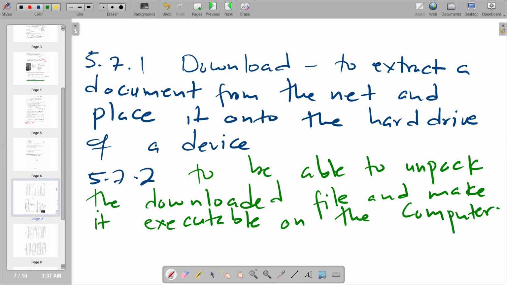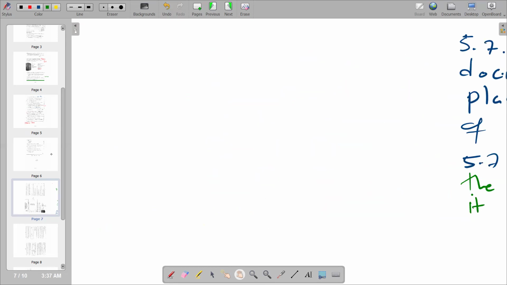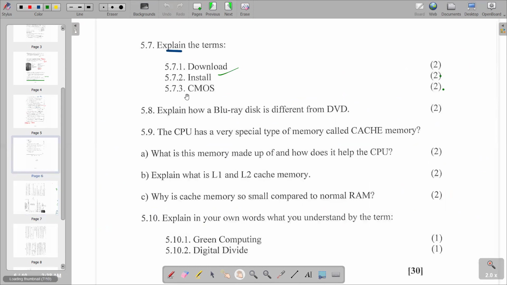But we also have a third part that we want to describe, that is CMOS. Obviously, we also want to describe the CMOS. The main purpose of CMOS in computers is to store important system settings and configurations such as date and time.